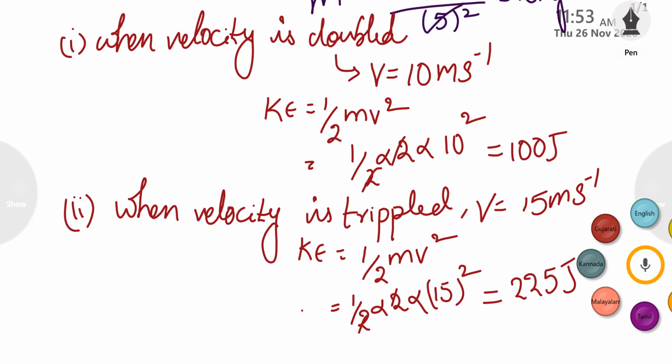Now next question, please note it down. Already I have told you the unit 4 syllabus very clearly: work and energy. The work and energy chapter from your physics textbook is for your unit 4 syllabus.